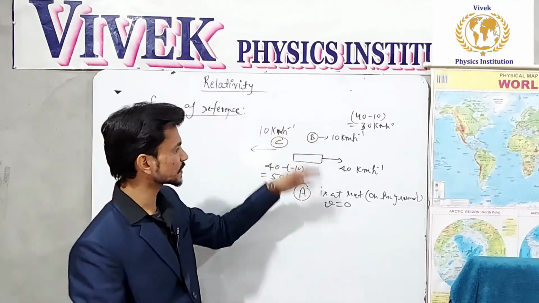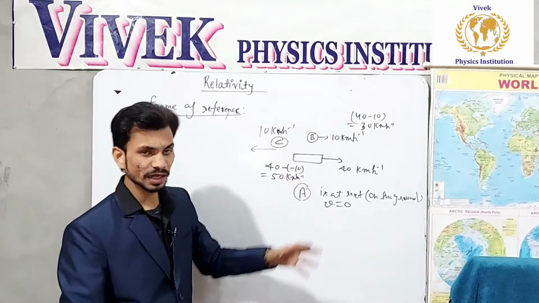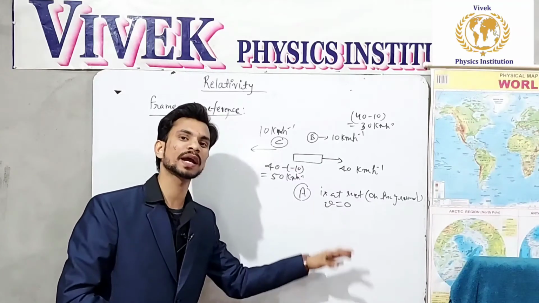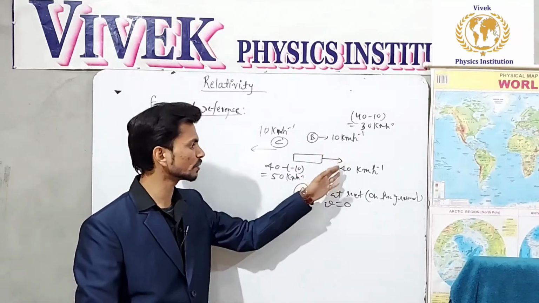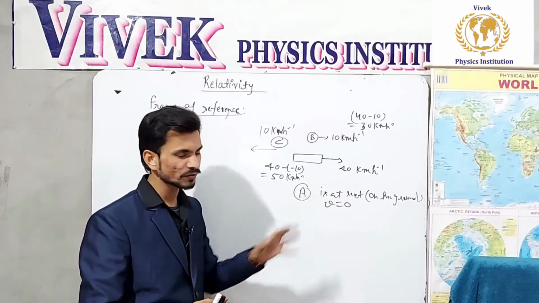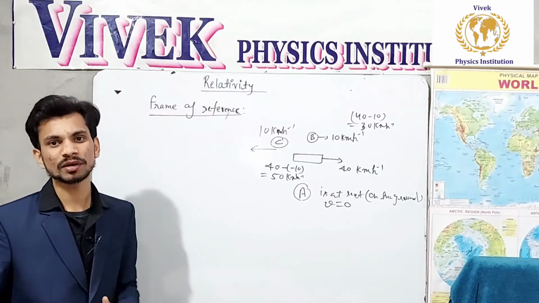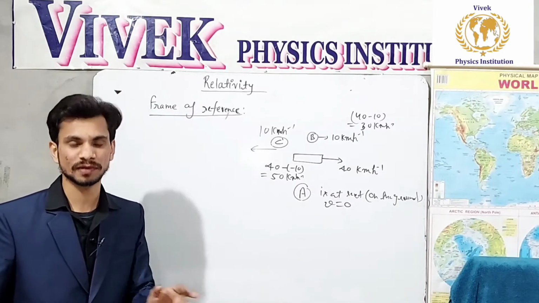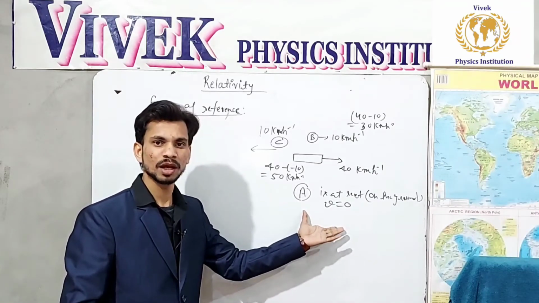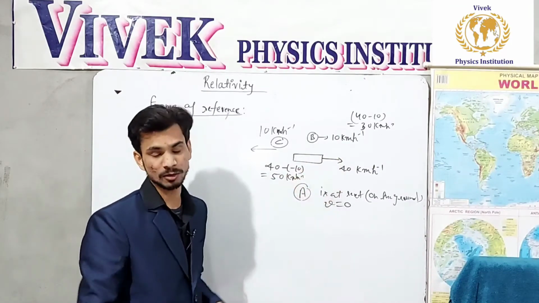So these three persons can take three different systems according to which they state the velocity of the train according to their observations. To get rid of this difficulty, we need to assume a certain kind of system which is known as a frame of reference, because they are framing their observation according to their own values.